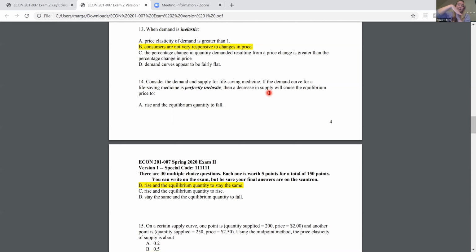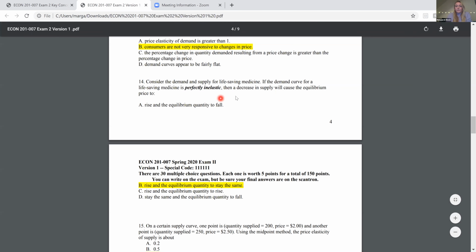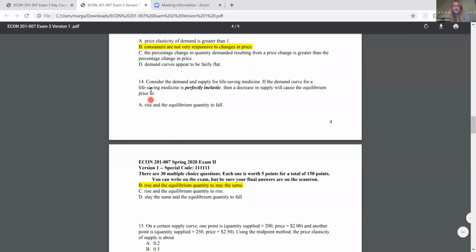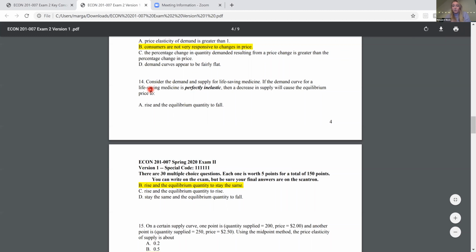So the quantity didn't change from this equilibrium to this equilibrium, but the price went up. So if there's a decrease in supply, this will cause the equilibrium price to go up, and the equilibrium quantity is going to stay exactly the same because people can't change their behavior really, because this life-saving medicine has perfectly inelastic qualities associated with it.